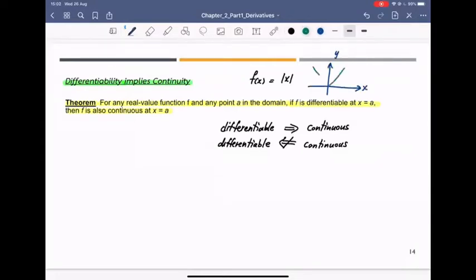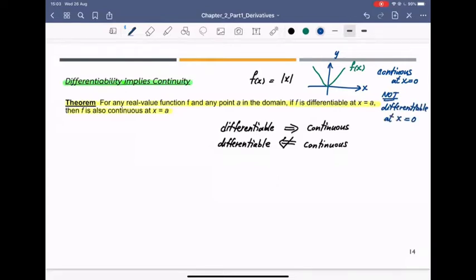This is a graph of f(x) equal to absolute x. And you can see that this function is continuous at x equal to 0, but it is not differentiable at x equal to 0.